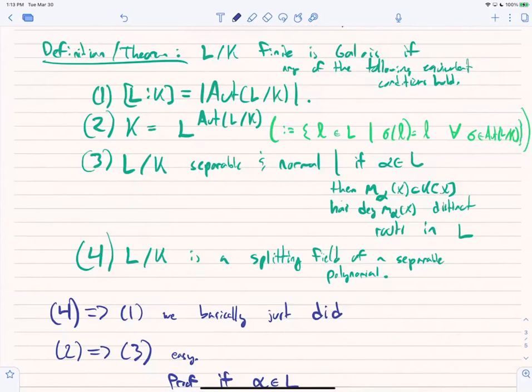So let me check. I always get this backwards. So you actually just need to know the following. Good.